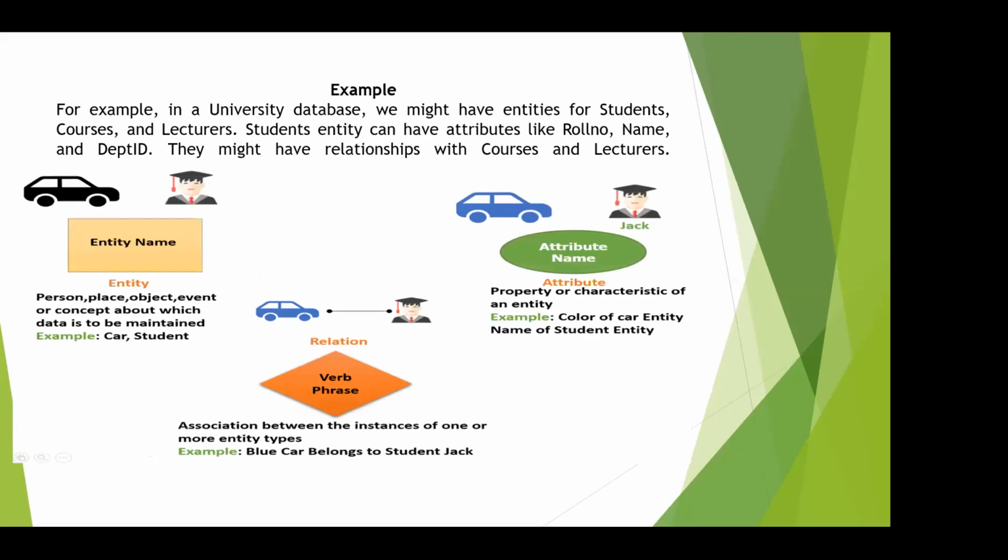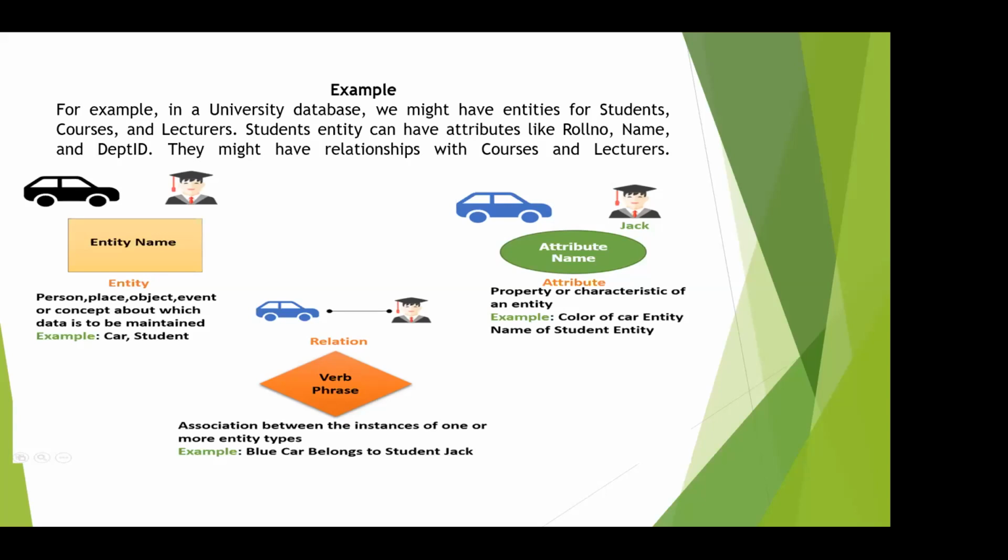So from this picture you can observe. Normally, I give an example. The best example for a database management system is the university database, because a university database contains students, faculty, colleges, grades. All these tables are related to each other. So for example, you can take the student table.